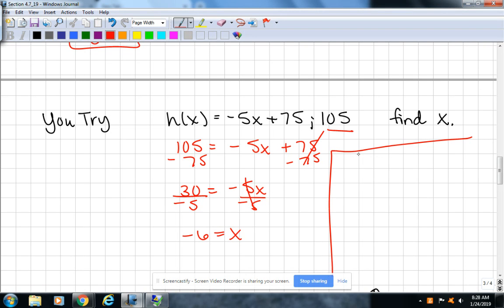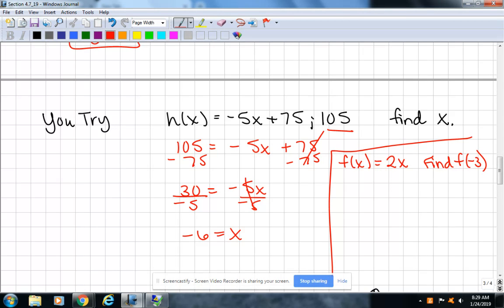What if they tell you a function is f of x equals, I'll make it simple, 2x, and they want you to find f of negative 3? What do you think that means? This is where x was in the name of it, right? So they did give you an x.